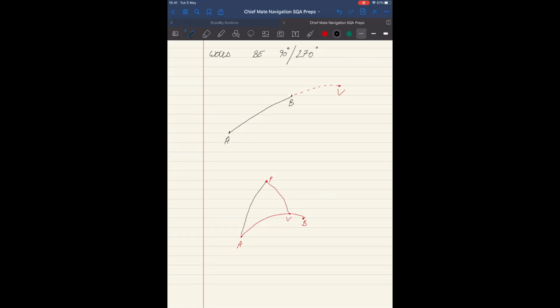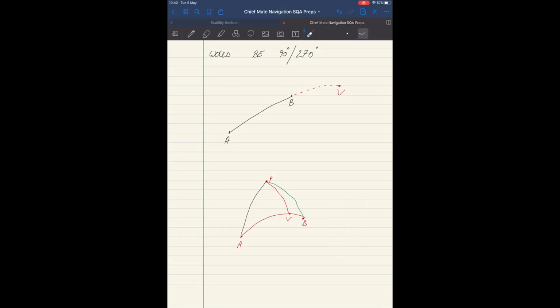This black ink is the longitude of A. This green ink is the longitude of B. Now, since our course is 90 degrees or 270 degrees at vertex, that means that this angle would be actually 90 degrees.